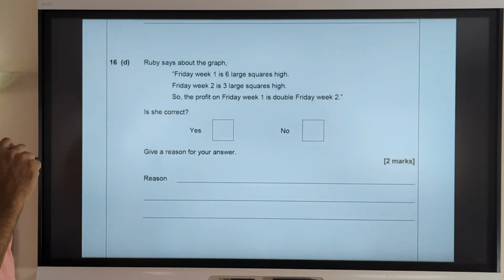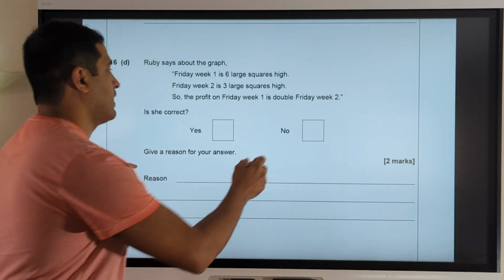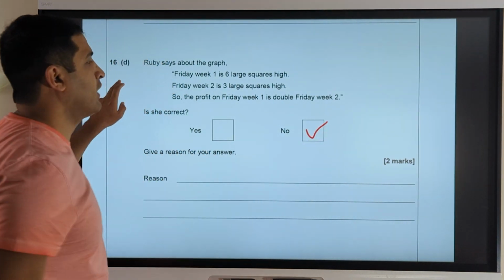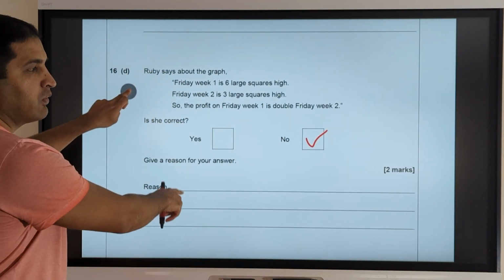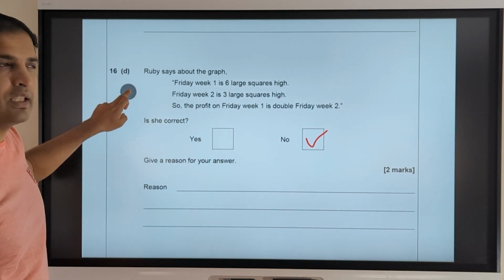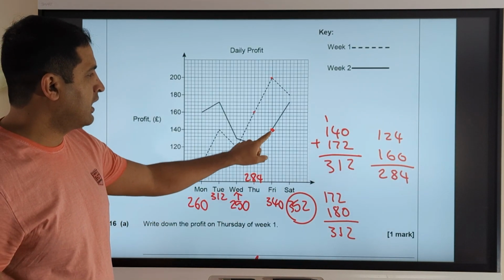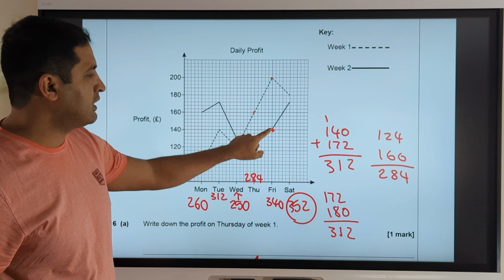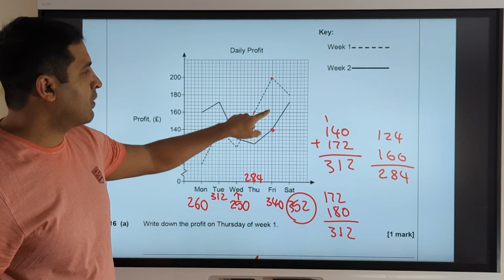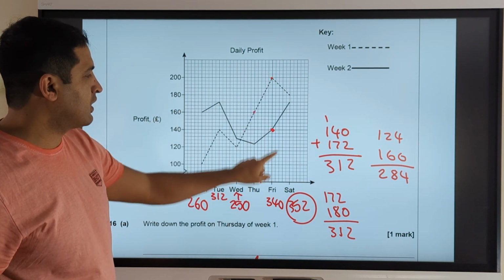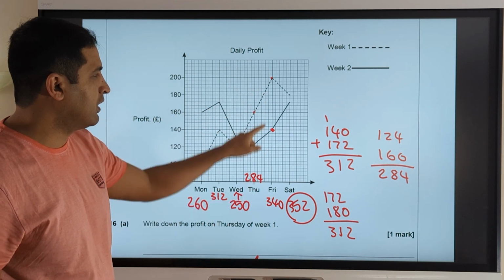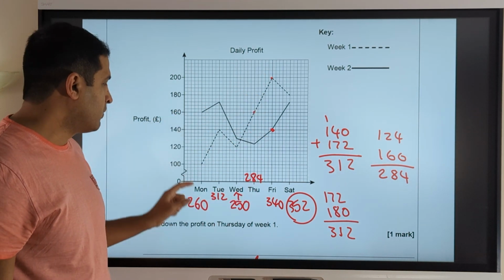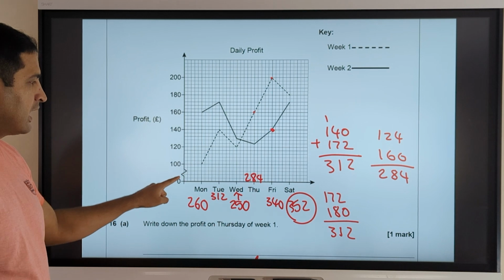The claim is that the profit in week 1 is double on Friday than in week 2. The answer is no, and I can explain why. You need to give the reason, otherwise you won't get any mark either. On Friday, that's 1, 2 and 3 square boxes. And then you go 1, 2 and 3 square boxes. So it looks like the profit in week 1 is double the profit in week 2. Now, you need to be looking at the scale here.